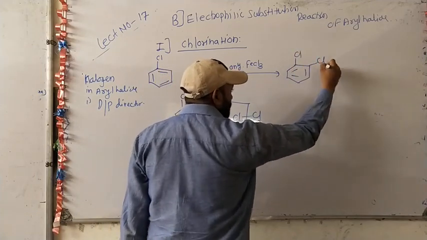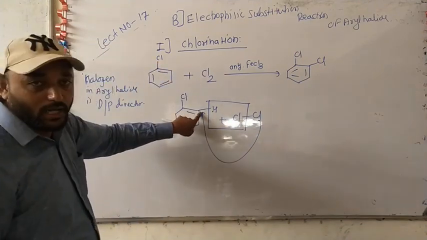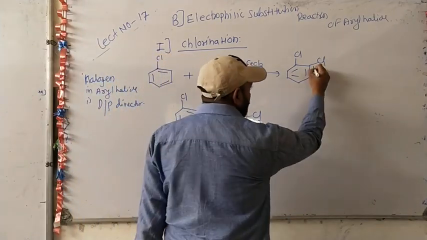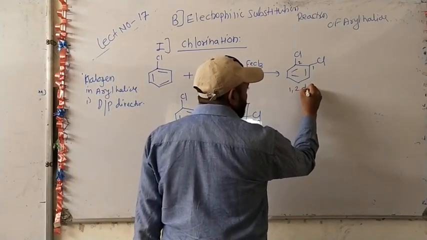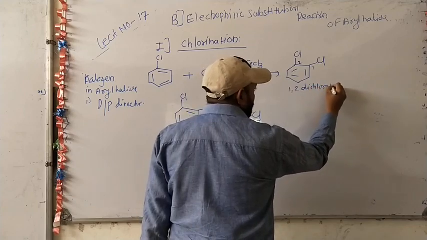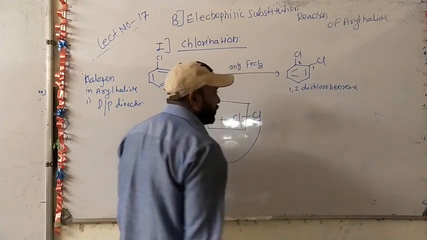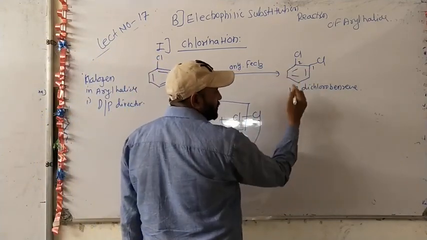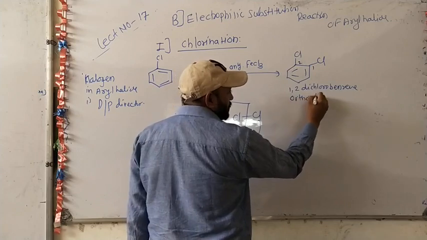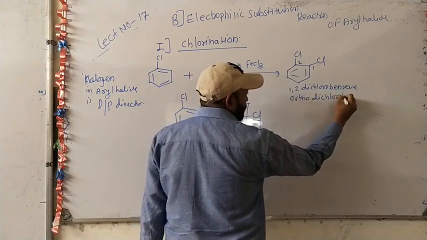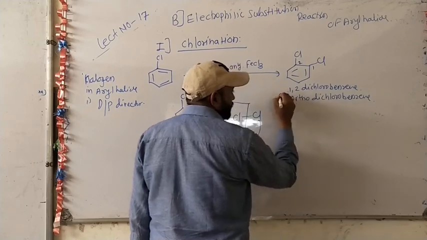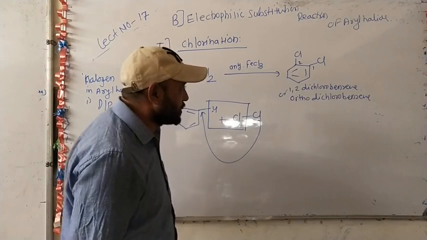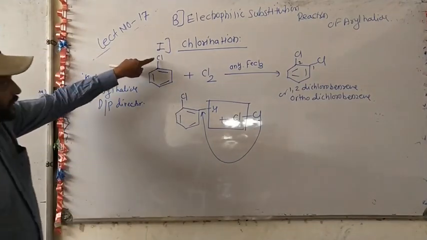Chlorine is substituted for the hydrogen from ortho position, forming 1,2-dichlorobenzene, where the chlorines are at the ortho position with each other. So what is the IUPAC name? 1,2-dichlorobenzene or ortho dichlorobenzene.